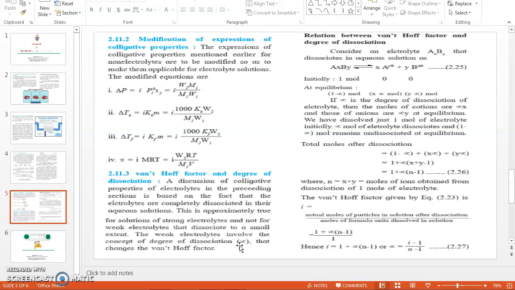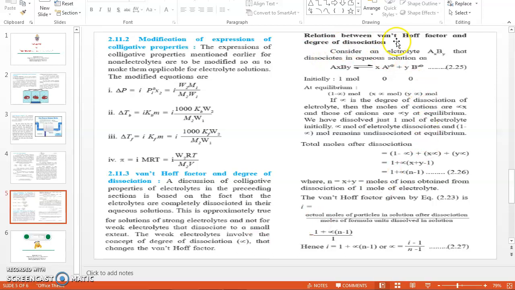But that is not true. It holds only for strong electrolytes and not for weak electrolytes. A weak electrolyte dissociates only to a very small extent, so it involves the concept of degree of dissociation, alpha. Strong electrolytes dissociate fully in solution, while weak electrolytes do not.